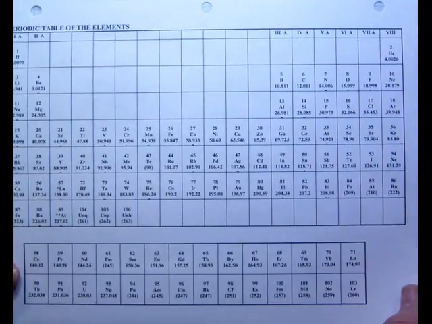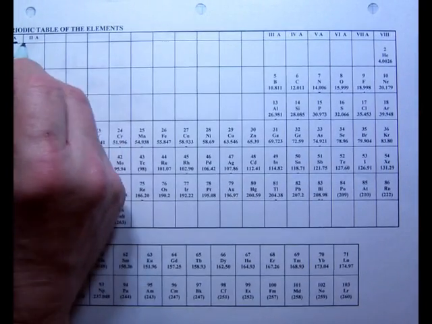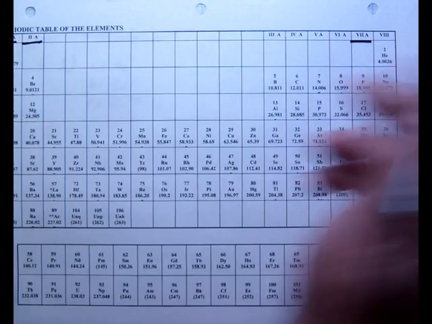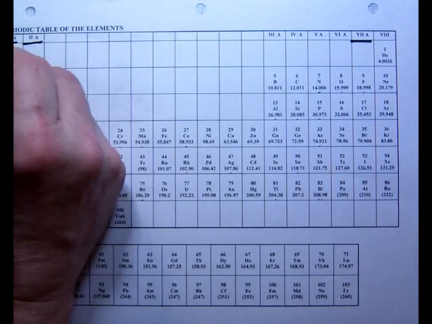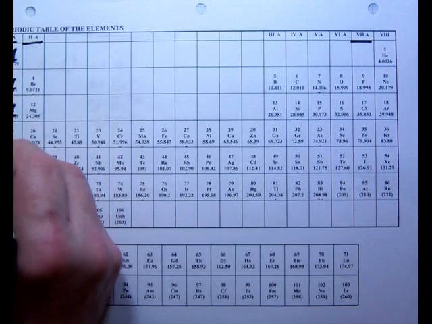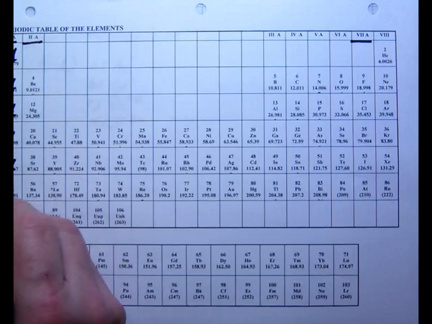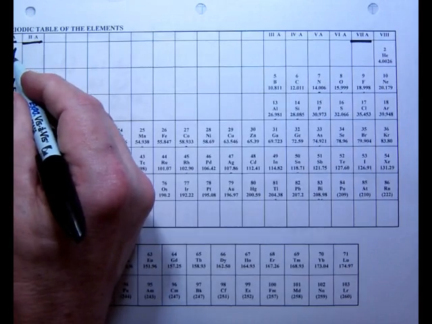Your fixed charge elements, just to review, group 1, group 2, and group 7 are fixed charge elements. All of those in this column are +1, unless I tell you different. Like hydrogen can be a -1 under certain circumstances.